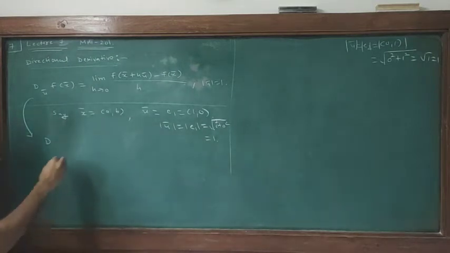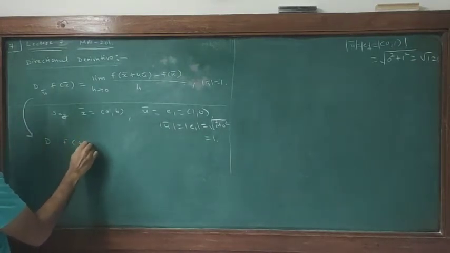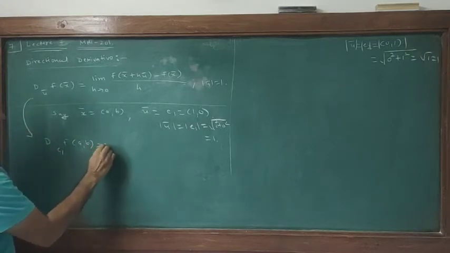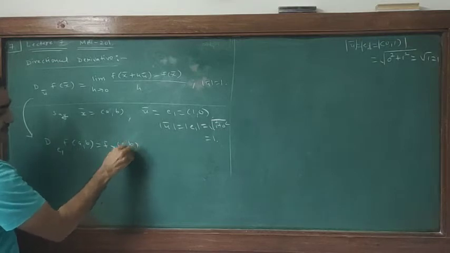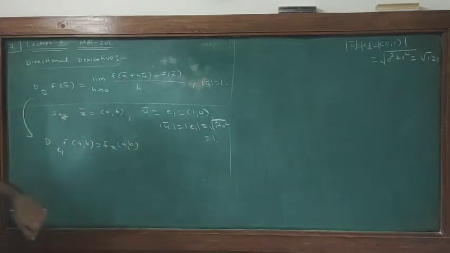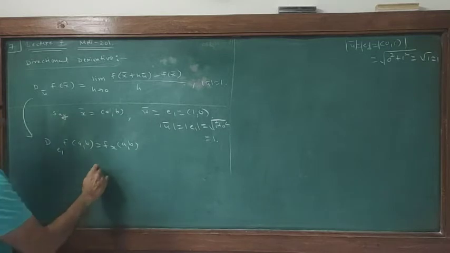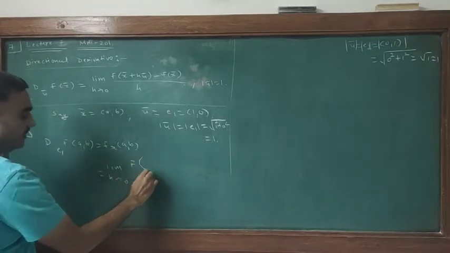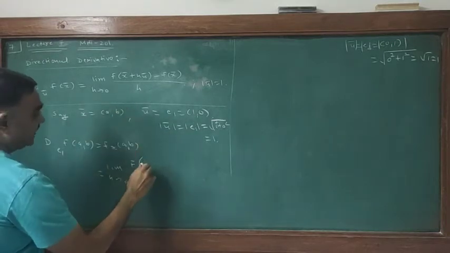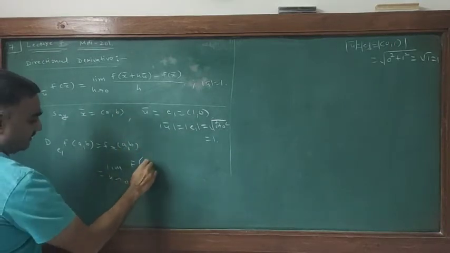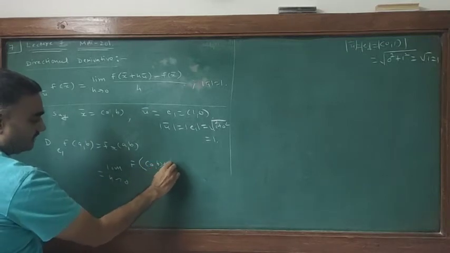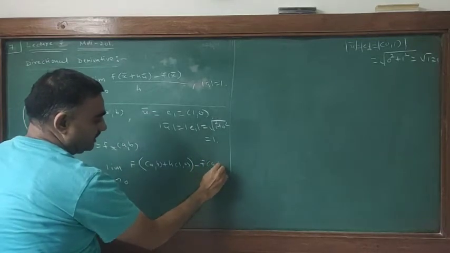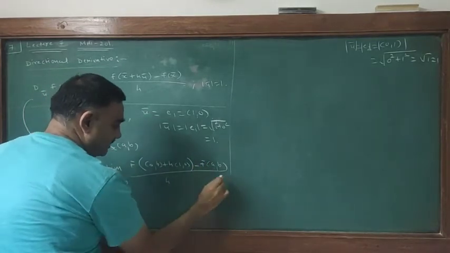Now D of f at x bar means f at the point (a, b) along e1. Now see the beauty of this definition. This is equal to the limit as h tends to 0 of f of x bar plus h e1, where x bar is (a, b) plus h into (1, 0), minus f at the point (a, b), upon h.